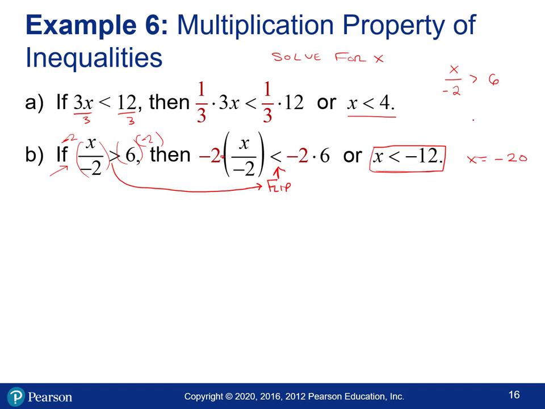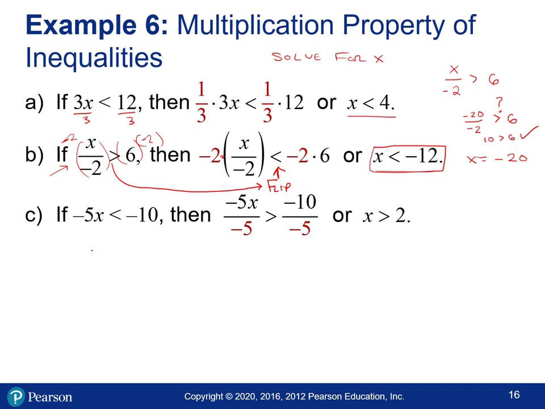If I plug it into my inequality up here, I'm questioning, is this still true? So negative 20 over negative 2 simplifies to 10, and 10 is greater than 6. So that worked out. That's why we want to flip the symbol. It makes a difference in our final answer.